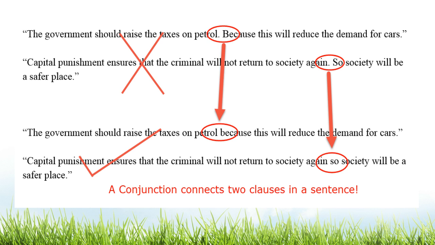So the sentence should be, the government should raise the taxes on petrol because this will reduce the demand for cars. Capital punishment ensures that the criminal will not return to society again, so society will be a safer place.